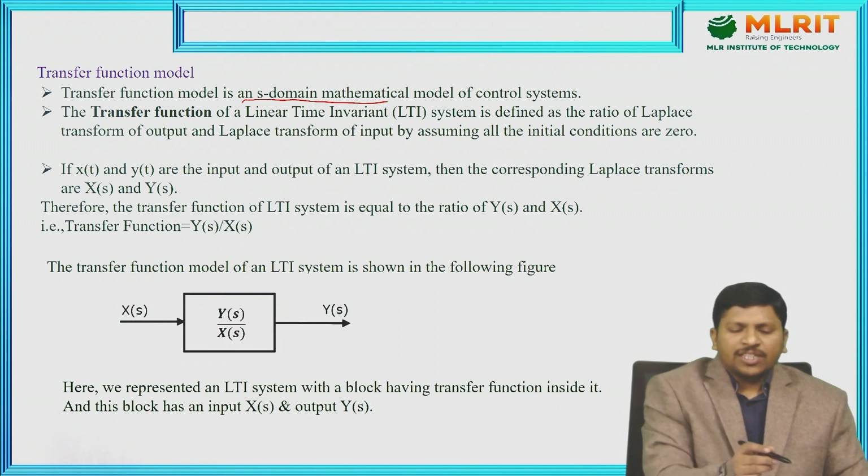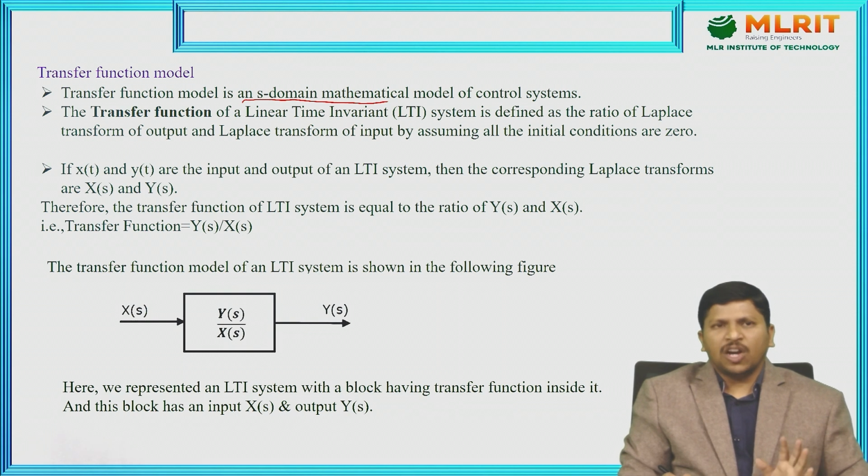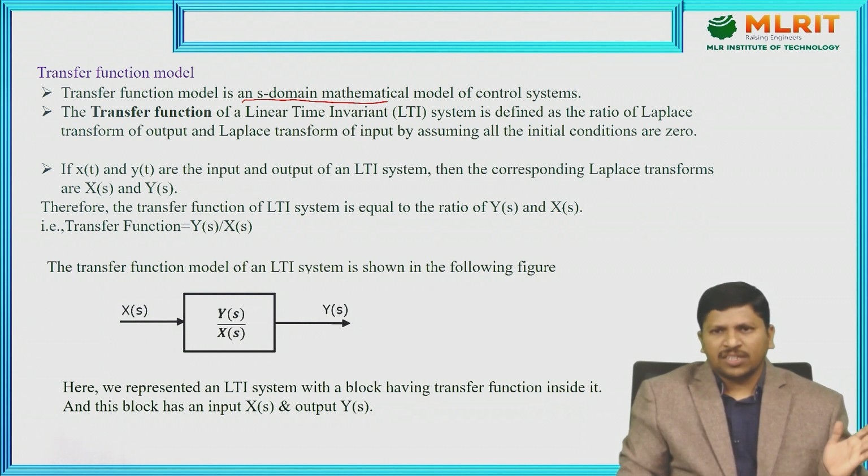The transfer function for any LTI system can be defined as the ratio of the Laplace transform of the output to the Laplace transform of the input, by assuming the initial conditions are zero. We already learned this in the previous transfer function topic.